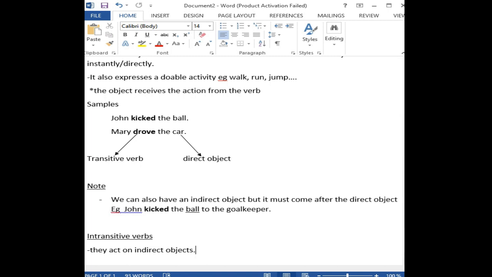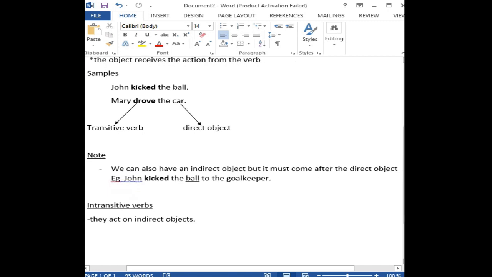But if I say John kicked to the goalkeeper the ball, that's an indirect object, because the action of kicking was done on the ball, then the ball got to the goalkeeper. Not that the action of kicking was done on the goalkeeper, then the ball came to him. No, that doesn't make sense. That's why it becomes an intransitive verb, because of that indirect object.